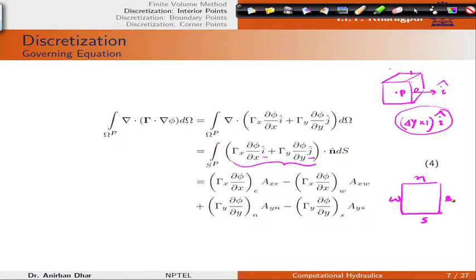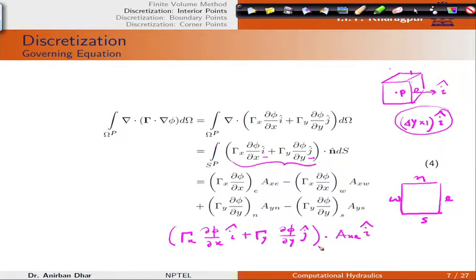So, for the east face we have gamma x del phi by del x i plus gamma y del phi by del y j, dot A e, where A e is the area in the i direction.